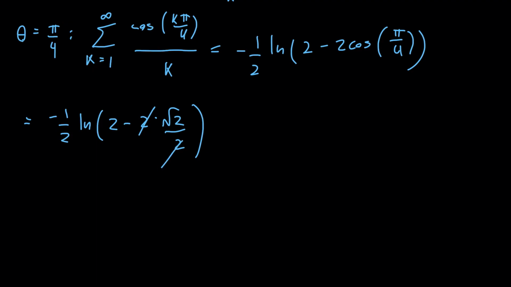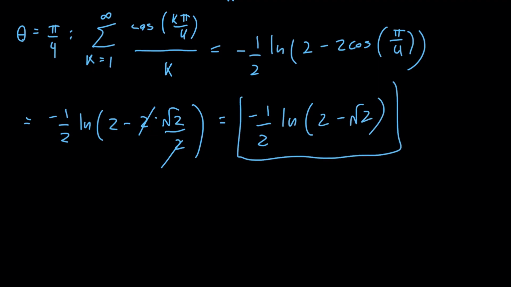So these 2's are gone, and so we're left with negative 1/2 the natural log of 2 minus the square root of 2. So this is the result.